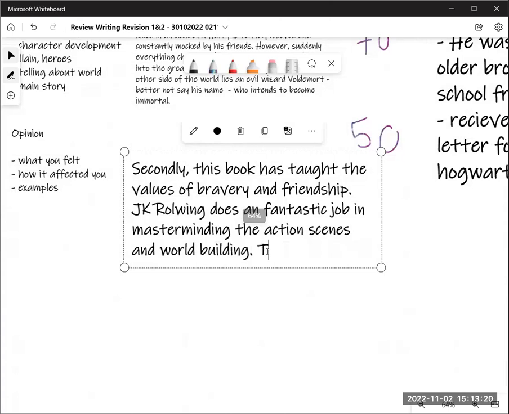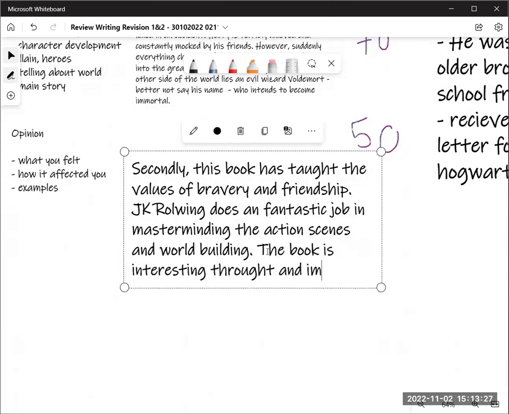The book is interesting throughout and impossible to put down.